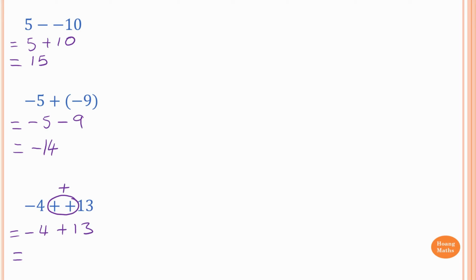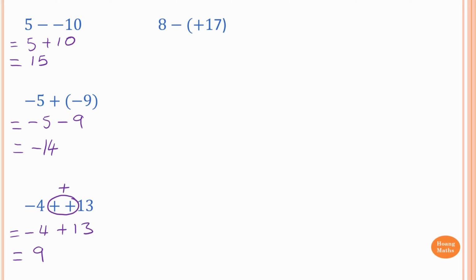In other words, you owe the bank $4 and you have $13, so therefore you still have $9. Otherwise, negative 4 plus 13 is exactly the same as 13 minus 4. So 13 minus 4: 10 minus 4 is 6, add 3 is 9. So the answer is 9.